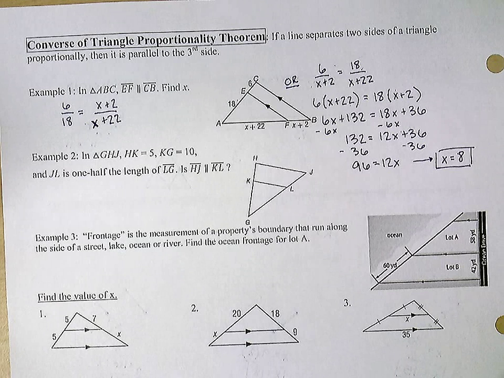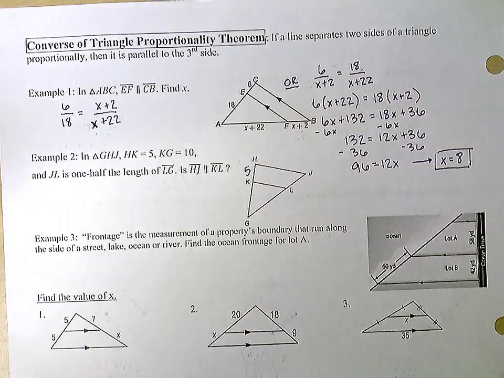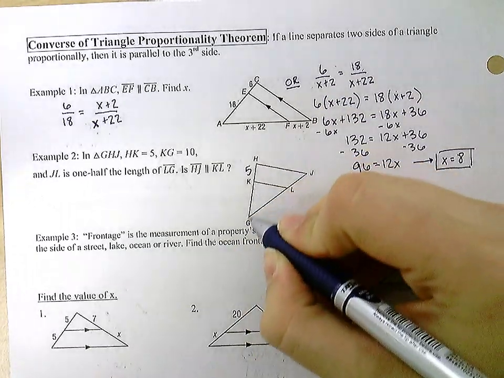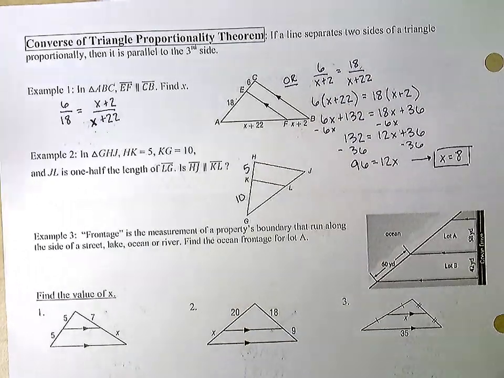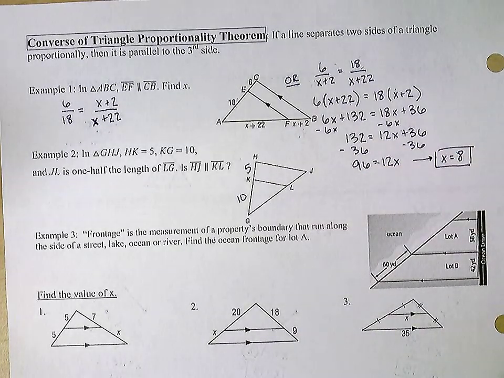All right, example 2 has to do with the converse. Okay? So that converse theorem at the top there. So in triangle GHJ, HK is 5, KG is 10, and JL is 1/2 the length of LG.